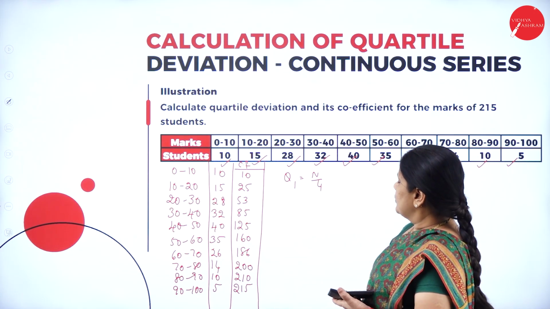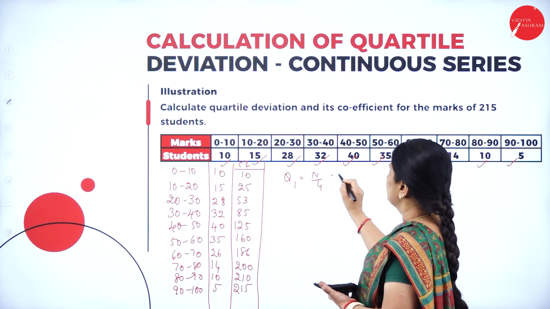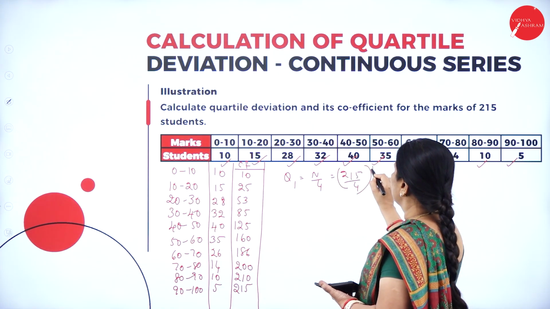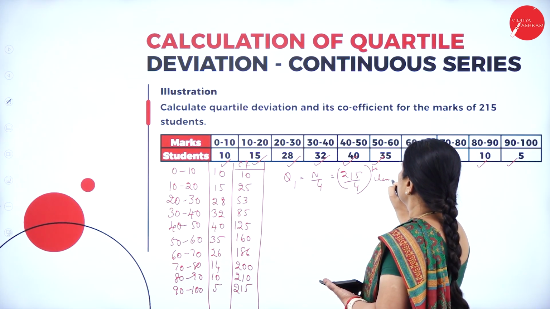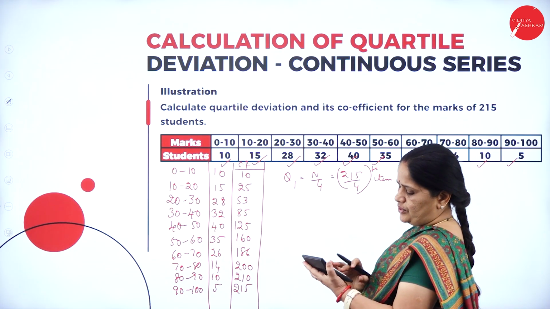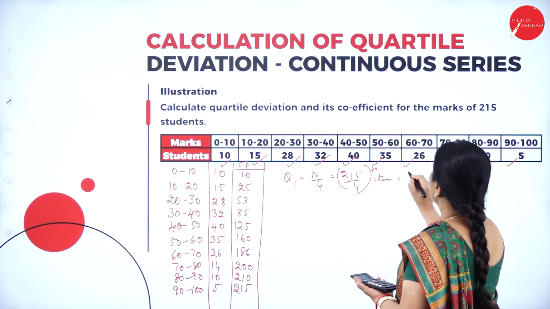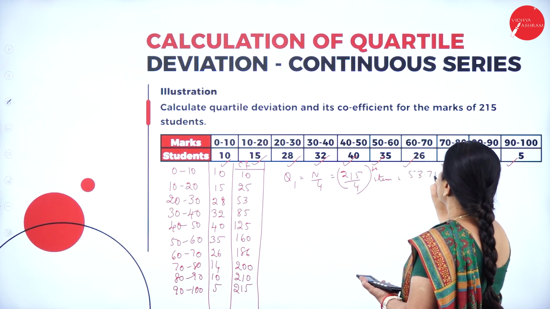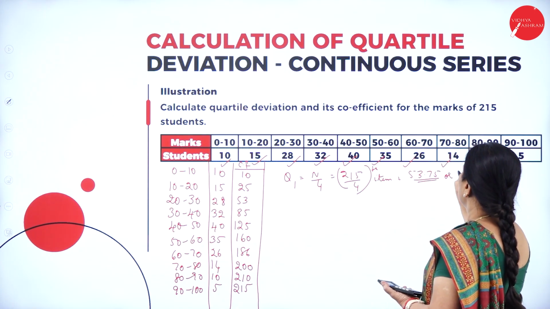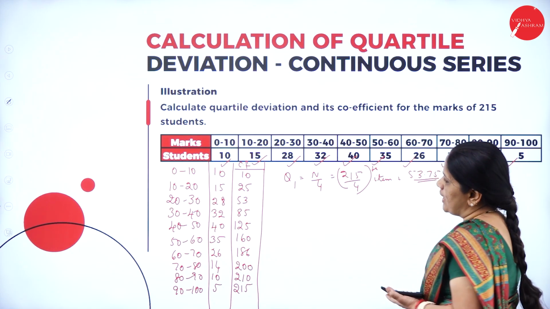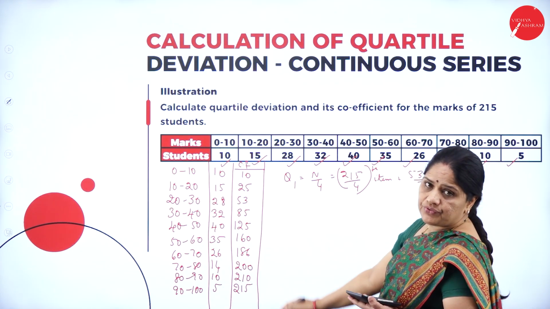So N by 4 will be equal to 215 divided by 4, that will be 53.75 or 54. Now I have to see where this 54 lies.